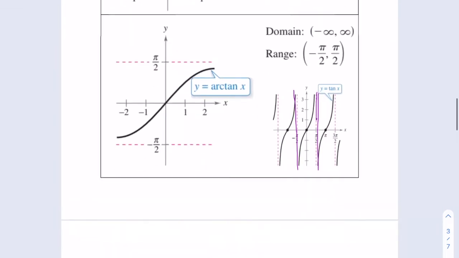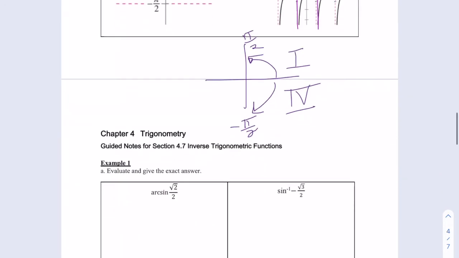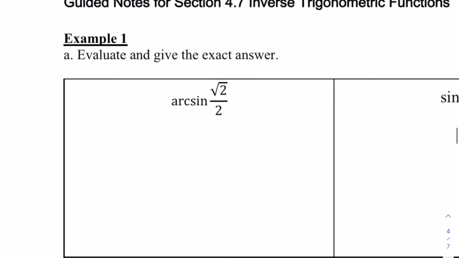Now arctangent is similar to arcsine, but remember we don't go all the way to negative pi over 2 because that is an asymptote. So we're going to use all the values, not including these quartiles, of quadrant 1 and quadrant 4. Okay, now let's evaluate these.